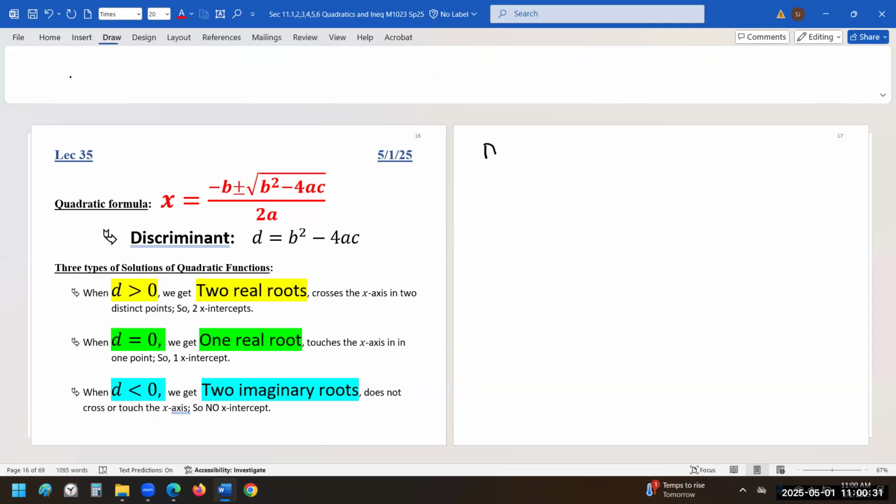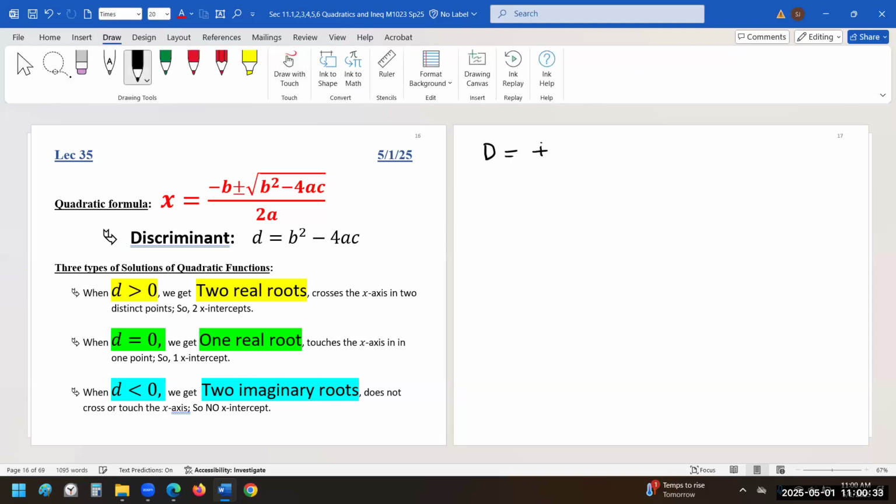So if the discriminant is positive, we get 2 real solutions, or 2 x-intercepts. 2 real solutions means the solutions we have, we can see them. So we are crossing the x-axis twice.